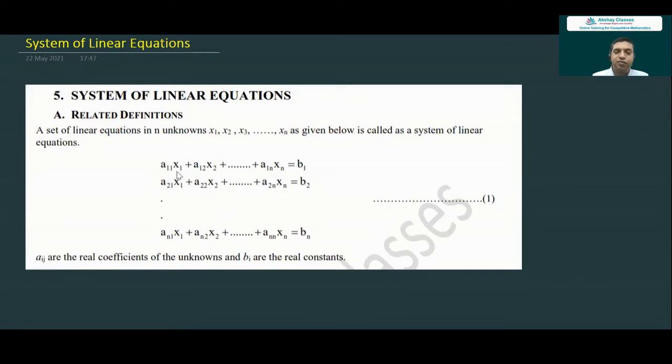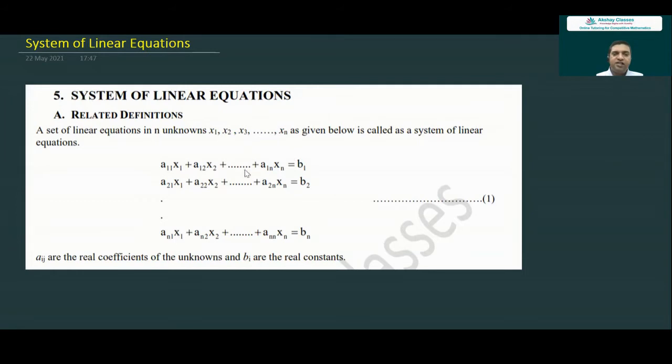So a11 x1, a12 x2, up to a1n xn is equal to b1, a21 x1, a22 x2, up to a2n xn is equal to b2, an1 x1, an2 x2, and so on, ann xn is equal to bn. This is the nth equation. So there are n equations in n unknowns.